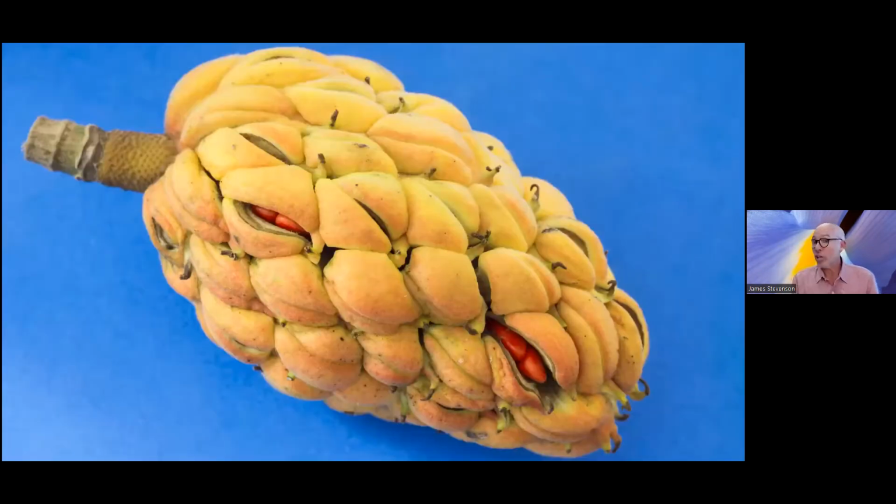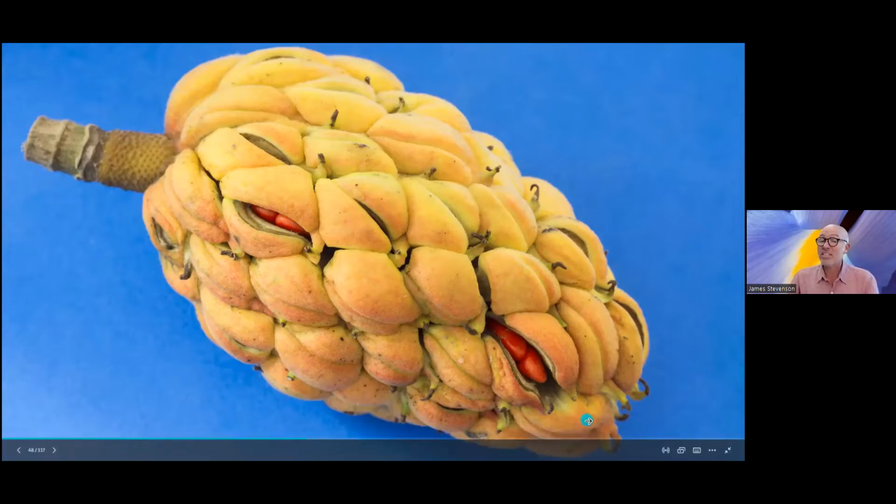The magnolia also has this composite of individual ovaries that are not fused together. And when those ovaries are ripe, they split to release the seeds inside.